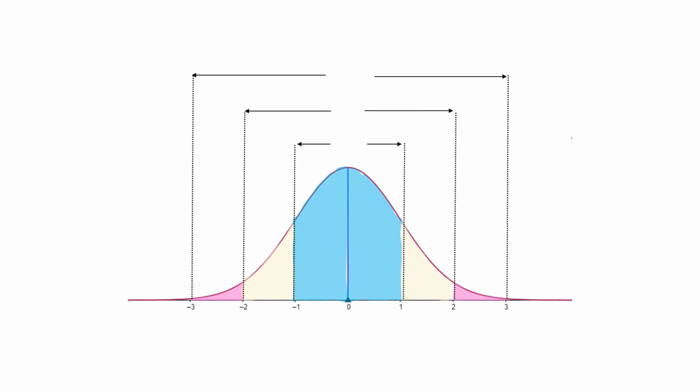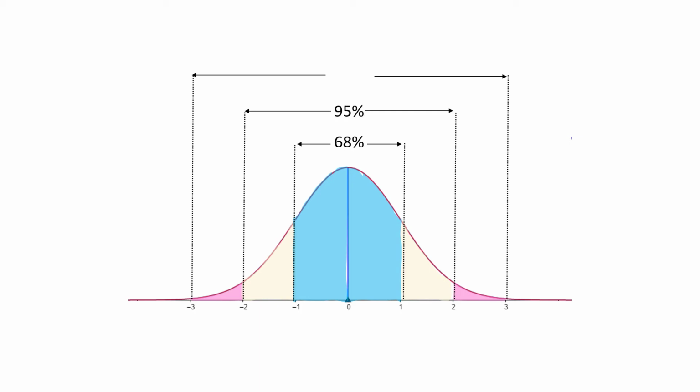Let's depict that on a normal distribution. Between 1 standard deviation of the mean, that's between -1 and 1, you've got about 68% of the total area under the bell curve. Between 2 standard deviations, that's between -2 and 2 about the mean, which also includes the 68%, you've got 95% of the total data.